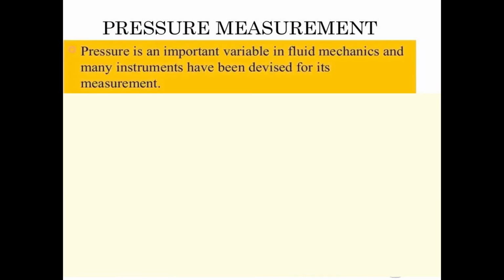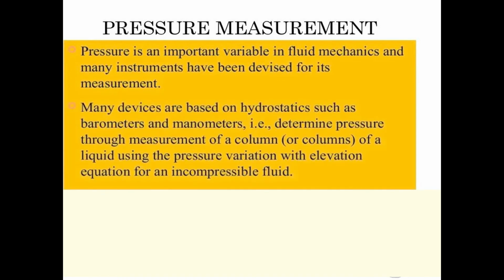So pressure can be measured by some instruments. It is an important variable in fluid mechanics. Many instruments have been devised for its measurement. Many devices are based on hydrostatics, such as barometers and manometers, which determine pressure through measurement of a column of a liquid using the pressure variation with elevation equation for an incompressible fluid.